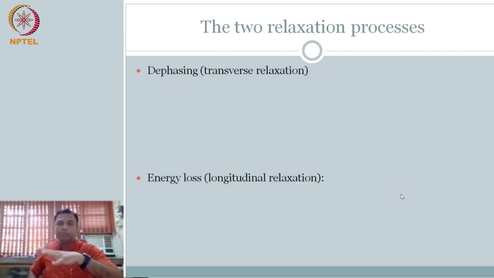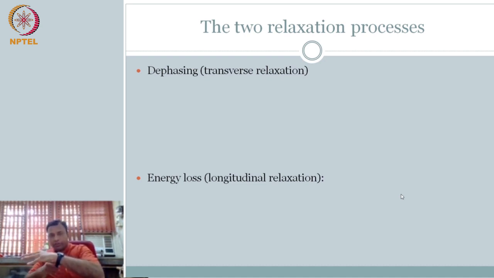One is the dephasing part, which we call transverse relaxation. Very intuitive, right? This is the transverse signal that we got because in the XY plane we made everything coherent. We made everything come in phase. So the moment the excitation pulse, or the rotating B1 pulse, is off, it is going to start to dephase.